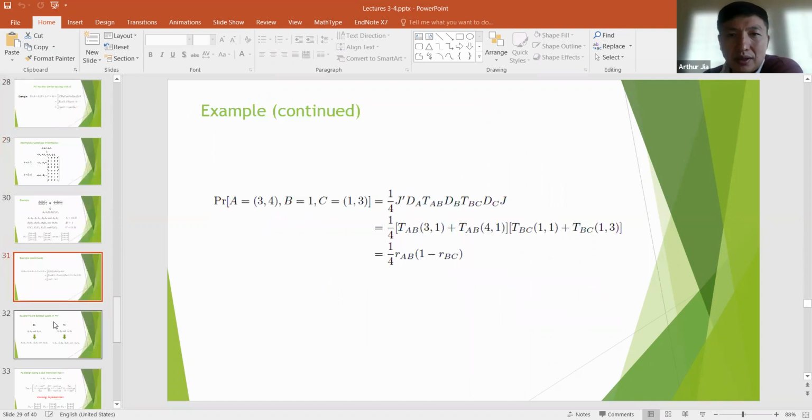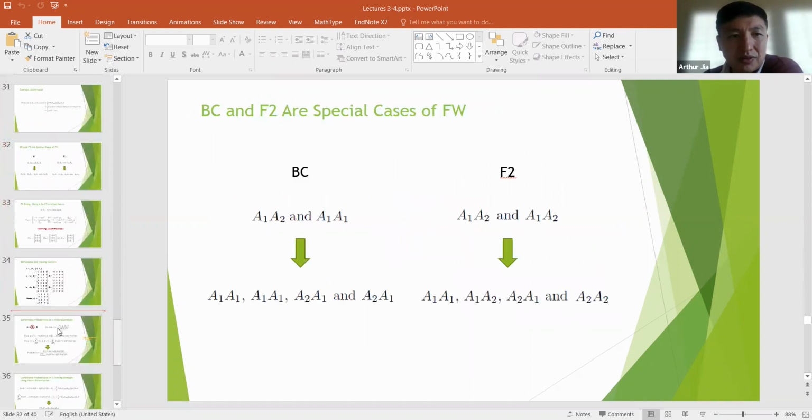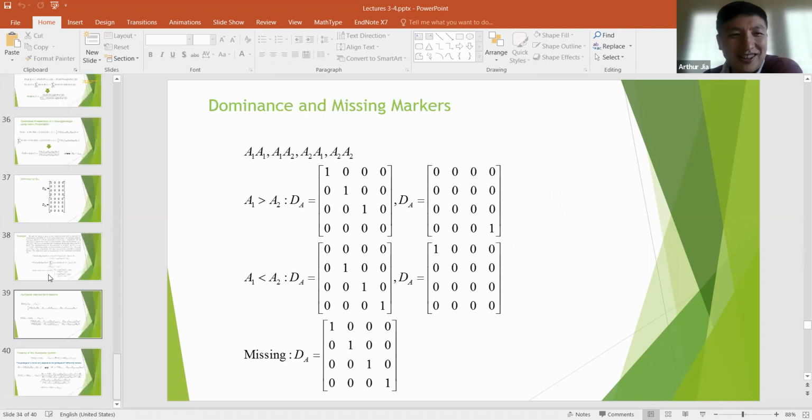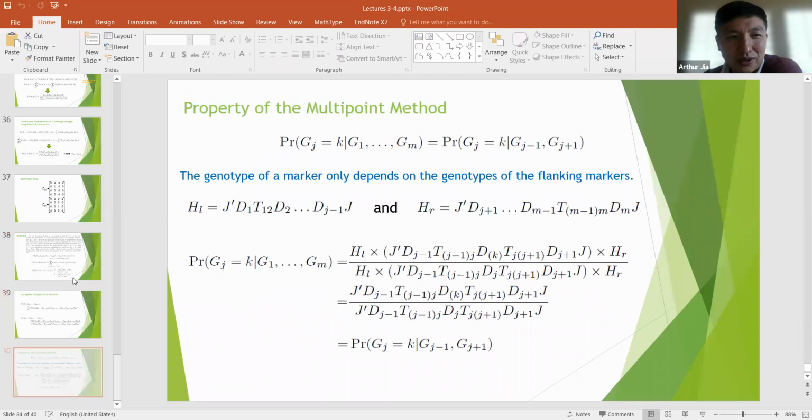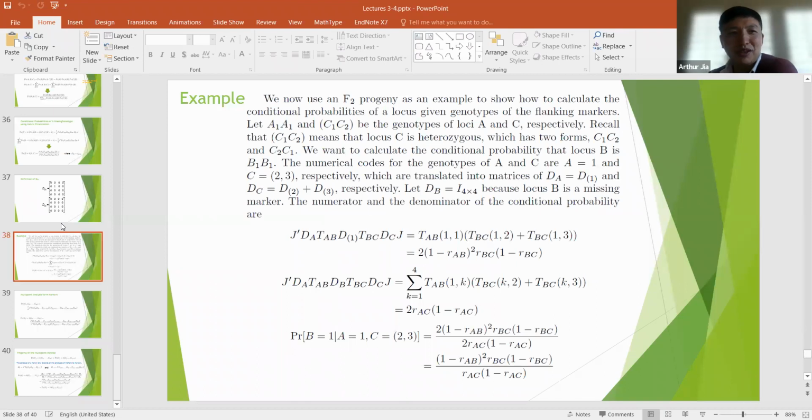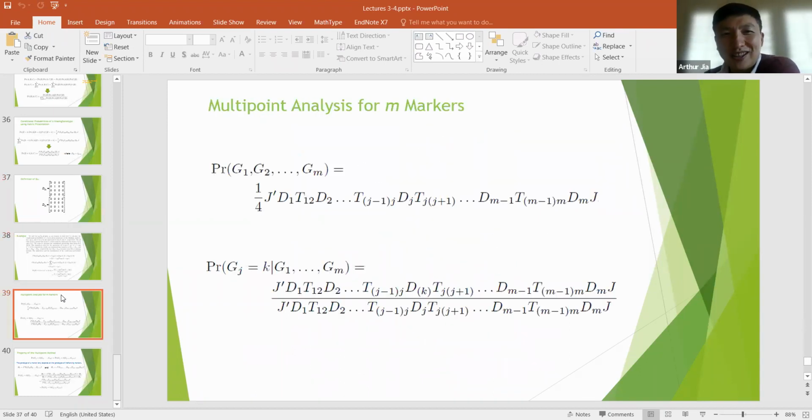I think that's all for chapter 4. It's quite straightforward. Those are too complicated, so don't worry about this. Don't spend too much time on more than 3 loci here. Any questions for chapter 4? Okay, very good.